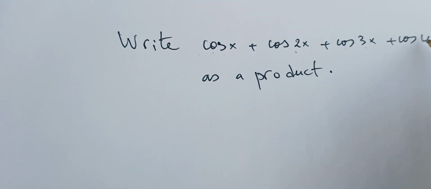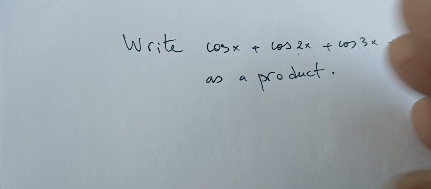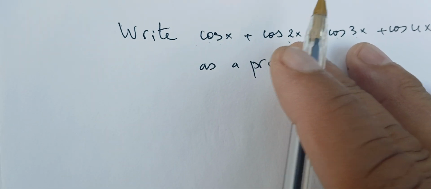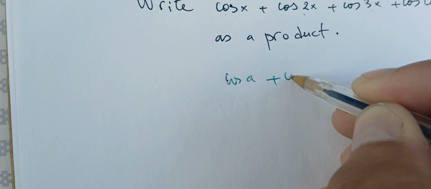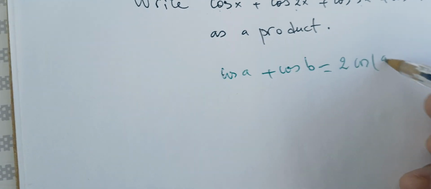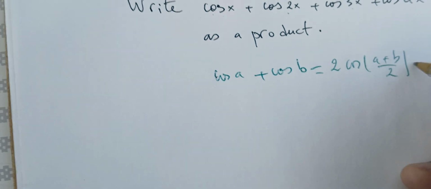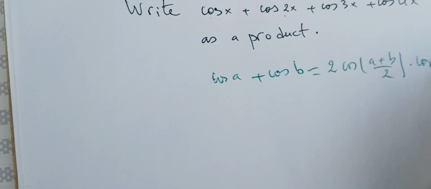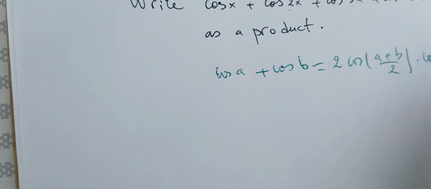Okay, we can add the cosine of x plus cosine of 2x and cosine of 3x plus cosine of 4x. We're gonna use the formula that we have proved before, which is the cosine of a plus cosine of b is 2 cosine of (a plus b) over 2 times the cosine of (a minus b) over 2.